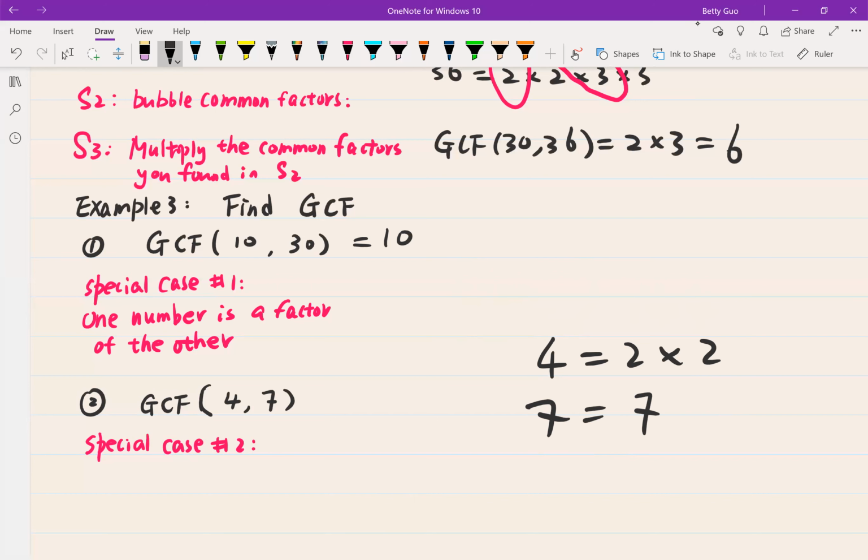For two numbers, if the only common factor of the two numbers is 1, we call the two numbers mutually prime.